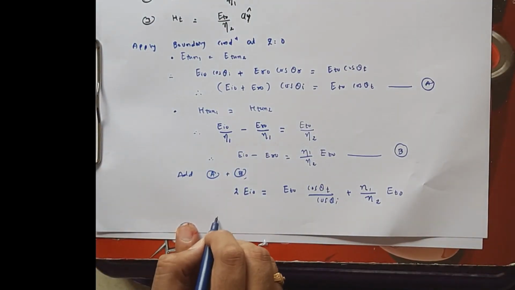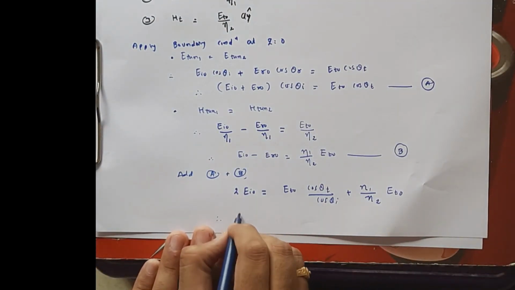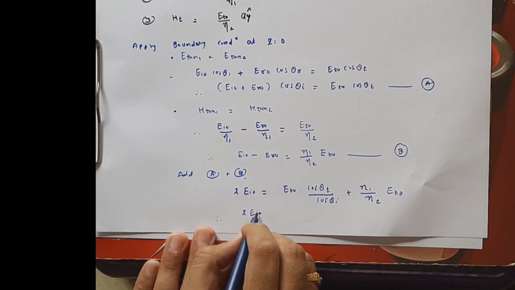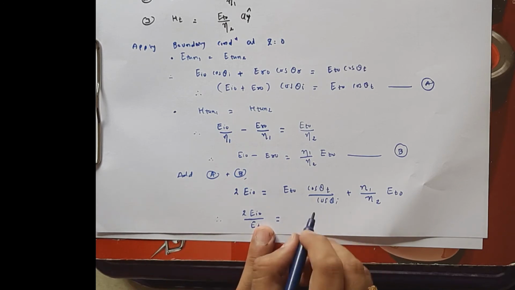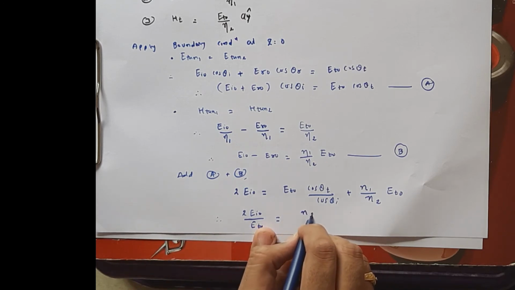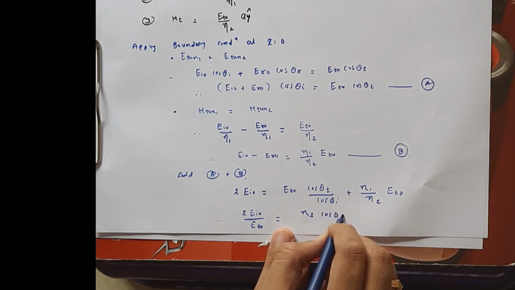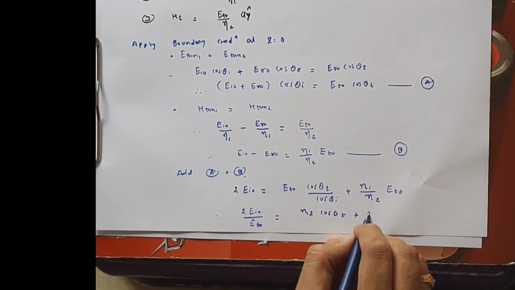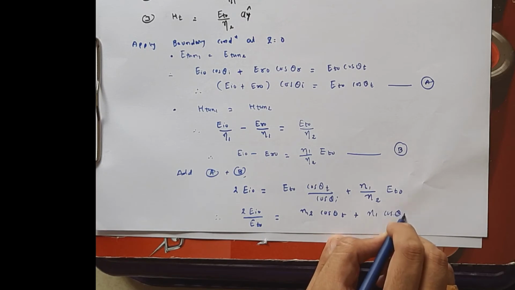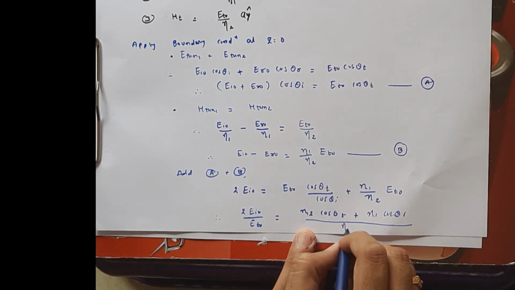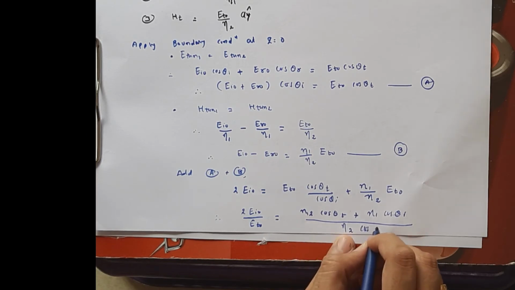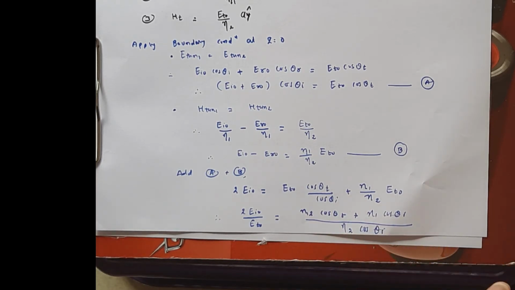ETO is common, so 2 EIO by ETO is equal to, with some simple mathematics, N2 cos theta t plus N1 cos theta I divided by N2 cos theta I. The equation looks like this.